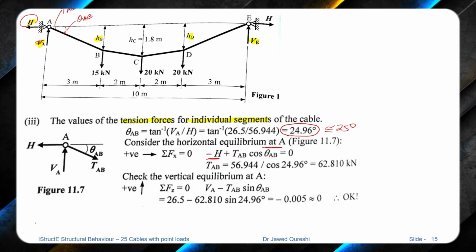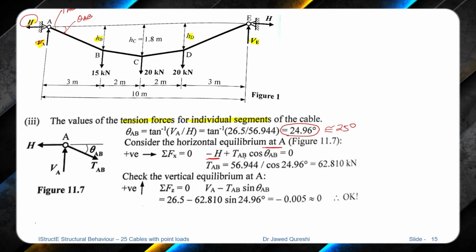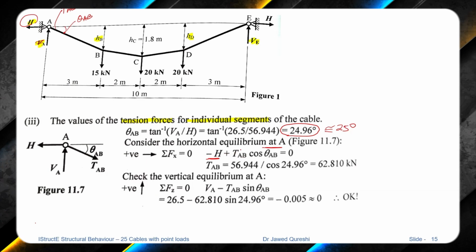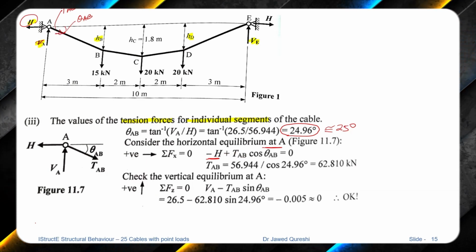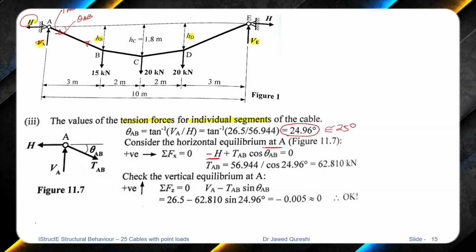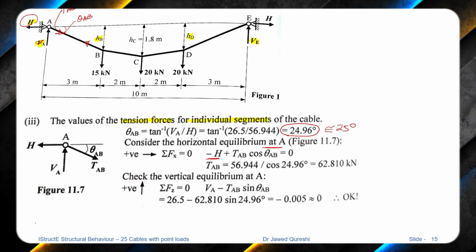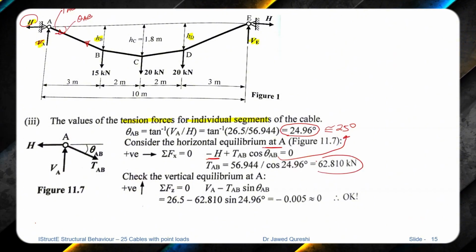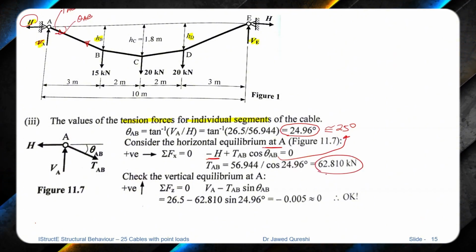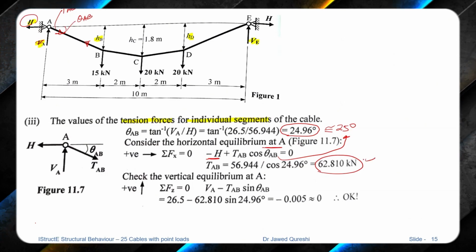So it is TAB cos theta, and it is pointing rightwards because there is a tension over here. So arrows are pointing away from the joint. And from here, I already have theta AB, which is about 25. So if we put in the values, you get TAB as 62.8 kilonewton.